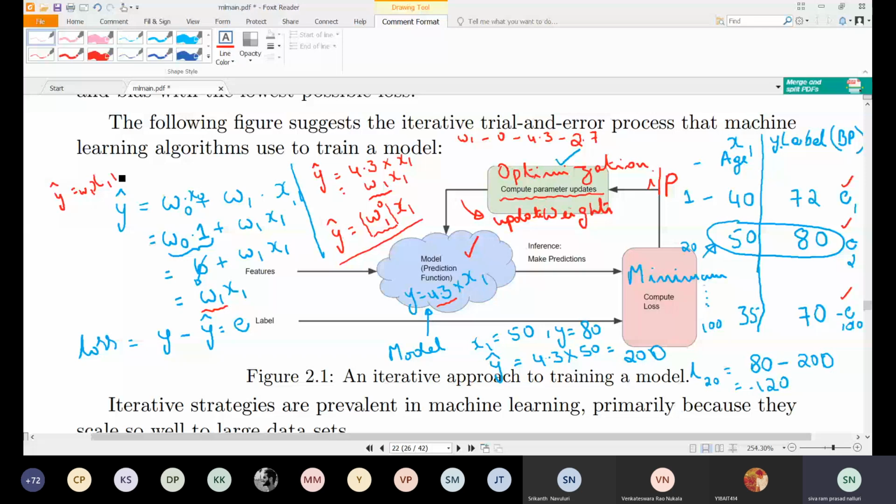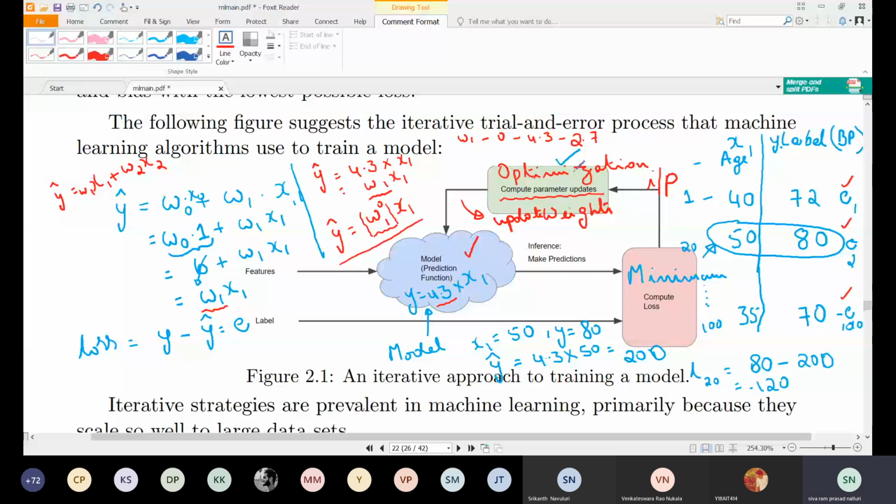What is x2? Weight of the person. Then in that case, during optimization, how many weights do you have to update? You have to update 2 weights. Okay. So I think I am able to convey what happens in the optimization block.